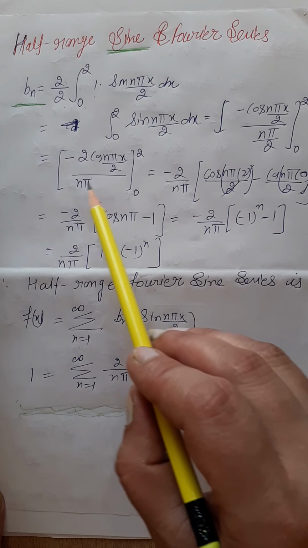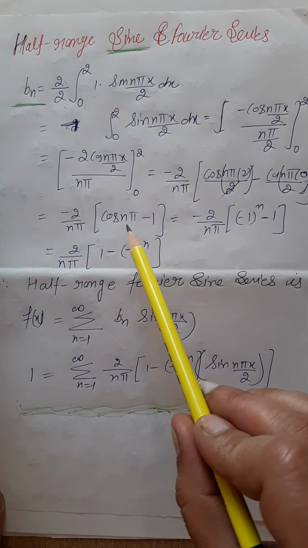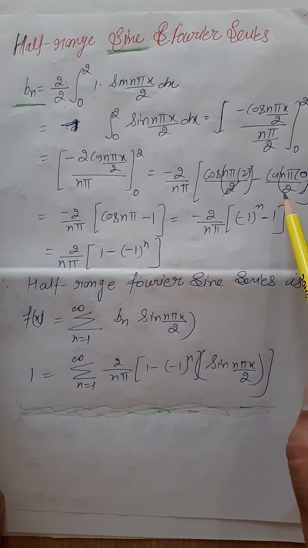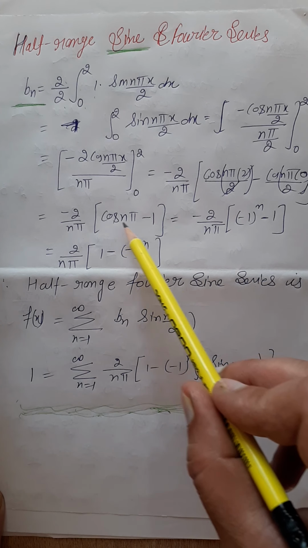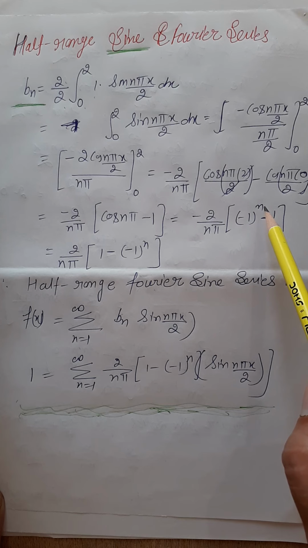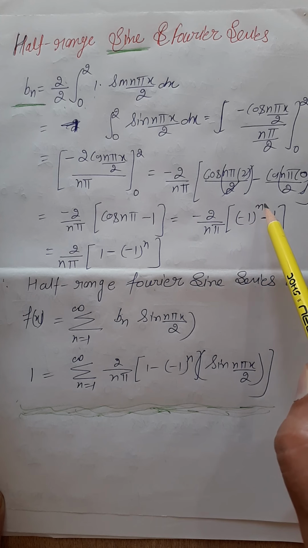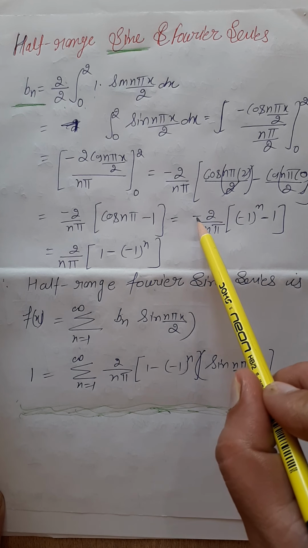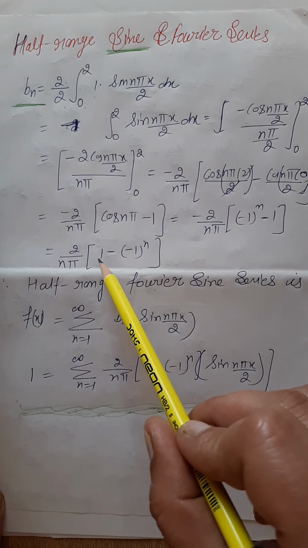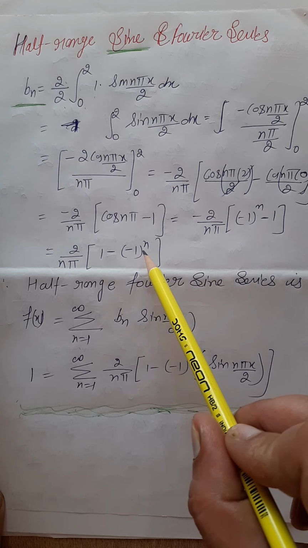After putting the limits, you get cos n pi minus 1, because cos 0 is 1 and the value of cos n pi is equal to minus 1 to the power n. If you take the sign minus within the braces, then you take 1 as your first term and minus 1 to the power n is your second term.